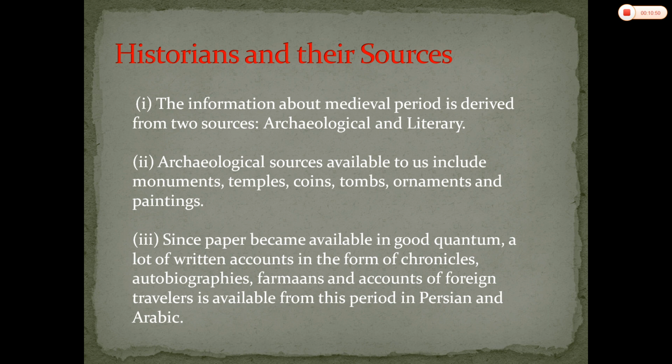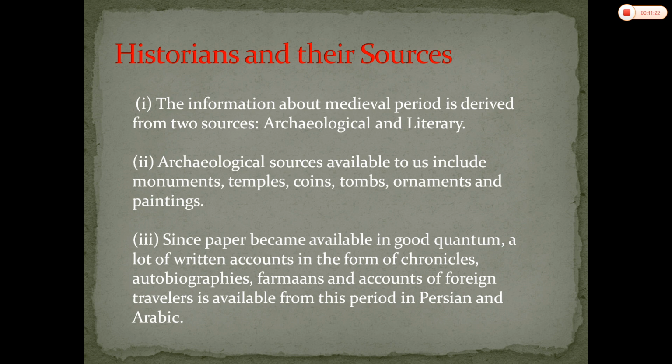Now, historians and their sources. In this part, we are going to see what the sources of the historians are to study history. See, the information about the medieval period is derived from two sources, archaeology and literary. Means we have derived this information not only from books, we have also derived it from archaeological studies.